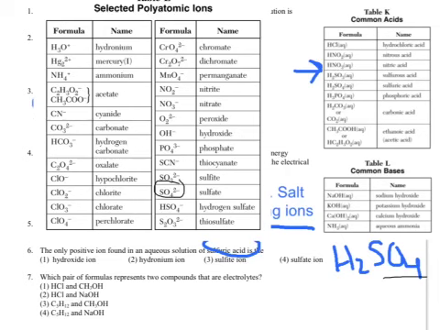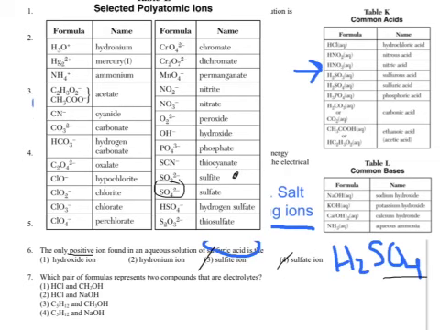Now sulfate has a charge of -2, and here we are looking for a positive ion, so sulfate cannot be the correct choice. Using reference table E, I then find sulfite. It also has a charge of -2 and can't be a choice. I look for the other ions.